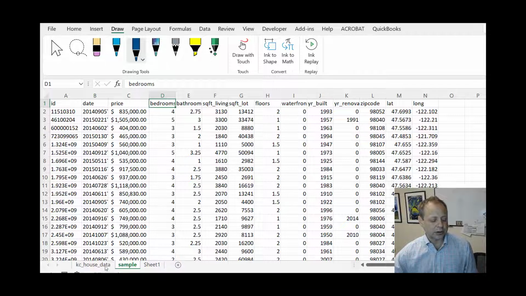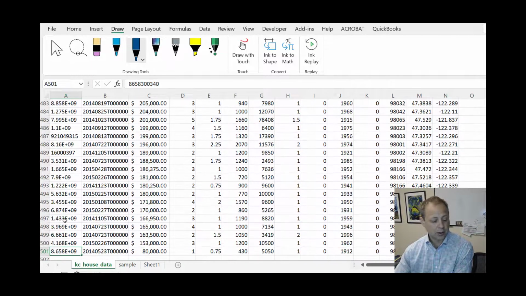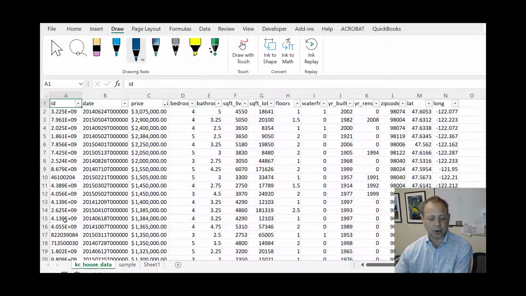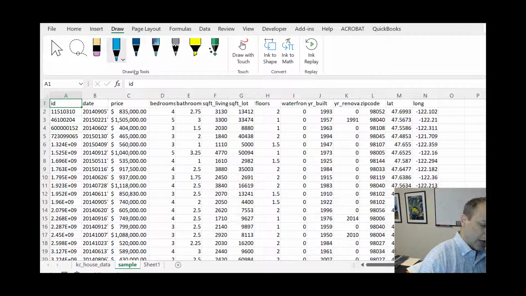So let's go take a look at this data set. They look about the same. My data set, by the way, only has 500 observations. Yours may have more because I have chopped this down to make it a little bit more friendly, right? So first and foremost, when you see in a data set columns, we see these as variables, right?